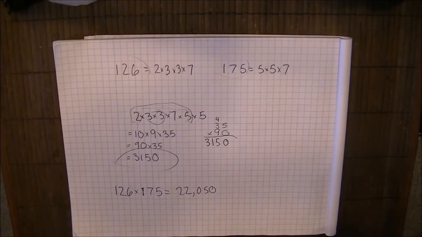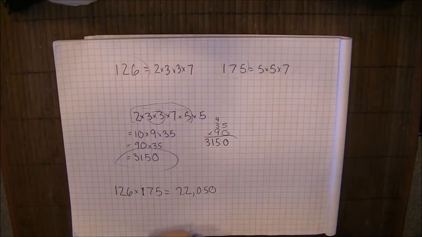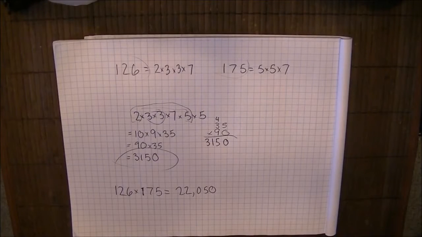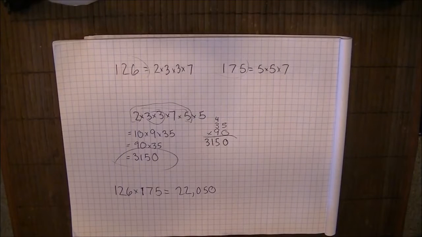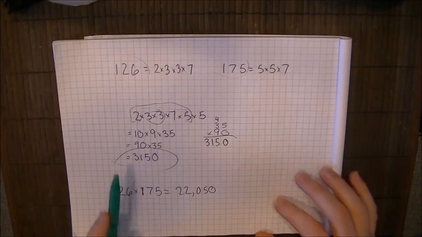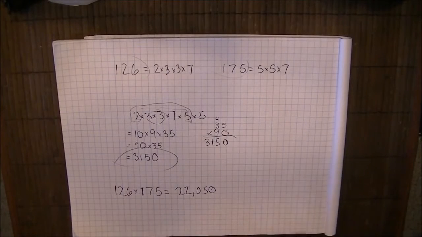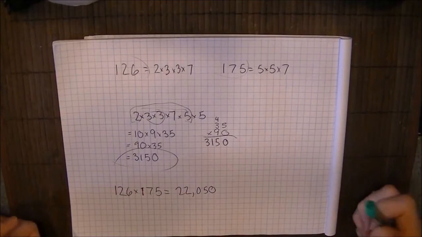So what I'm showing you here is a method that you can use to find the least common multiple, which can be helpful when you're doing work with fractions. Remember fractions? That's the whole point of this lecture. So we're going to get back to fractions in a moment now. But yeah, that is common multiples. If you can find common multiples of any sort, then we can do work with fractions using those common multiples.